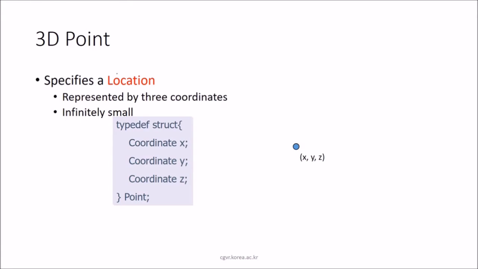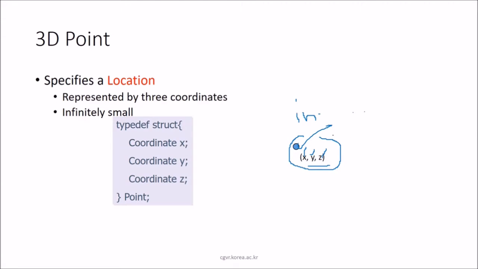So let us start with the 3D point. This is a 3D point, and it specifies a location. X, Y, Z is a location. So this is represented by three coordinates X, Y, Z, and it is infinitesimally small.